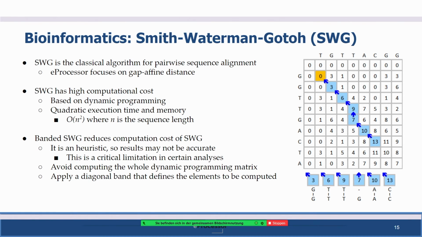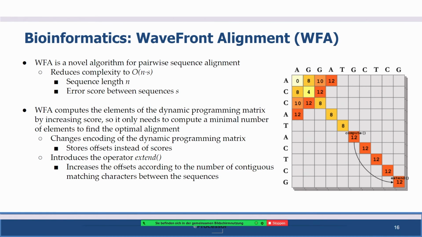If you go to the next slide, a more novel algorithm for pairwise sequence alignment is the Wavefront Algorithm, WFA. The biggest breakthrough here is that it reduces the complexity to n times s, where n is the sequence length and s is the error or the differences between the sequences. In order to do this, essentially the WFA computes the elements of the dynamic programming matrix by increasing the score.